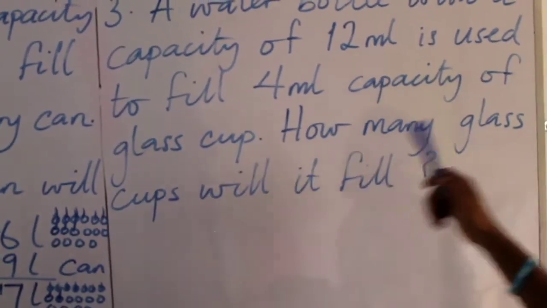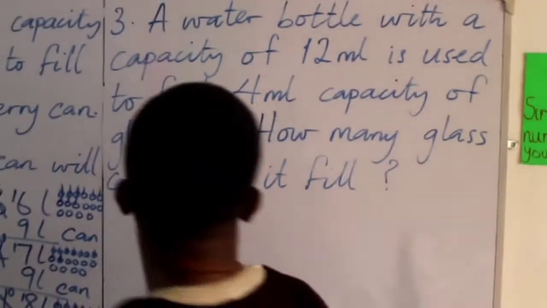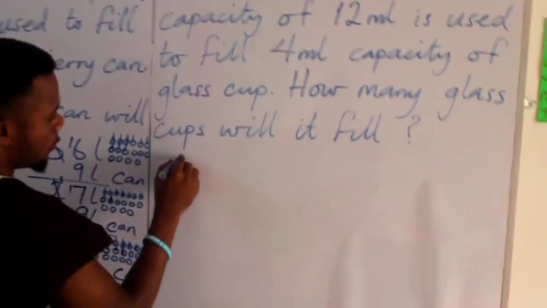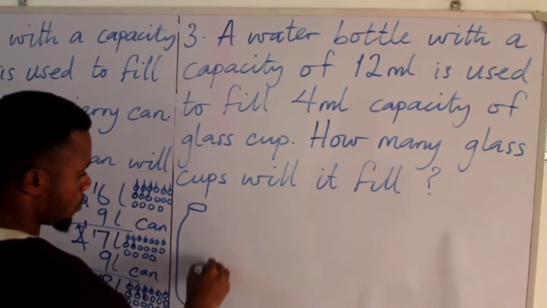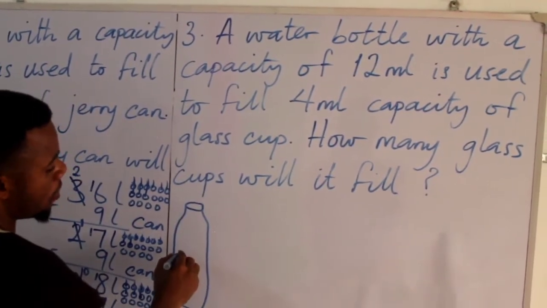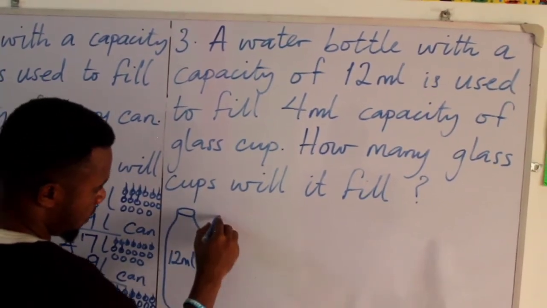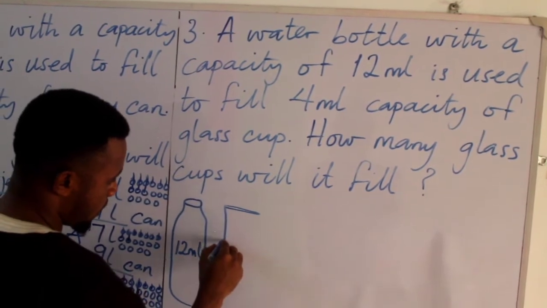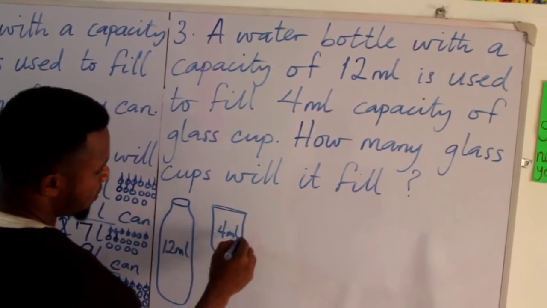How many glass cups will it fill? How many? Remember, our water bottle of what? 12 milliliter. You want to fill it into what? Different glass cups of 4 milliliters.